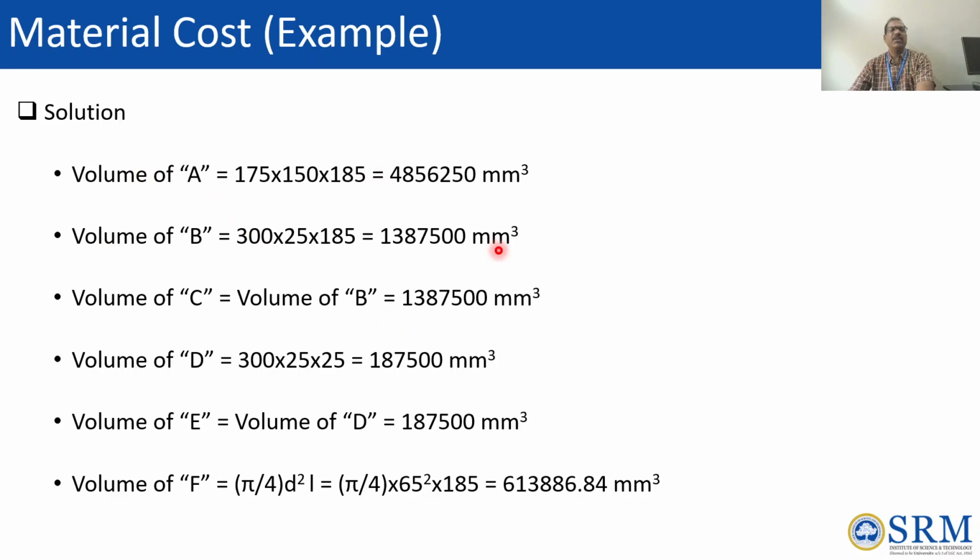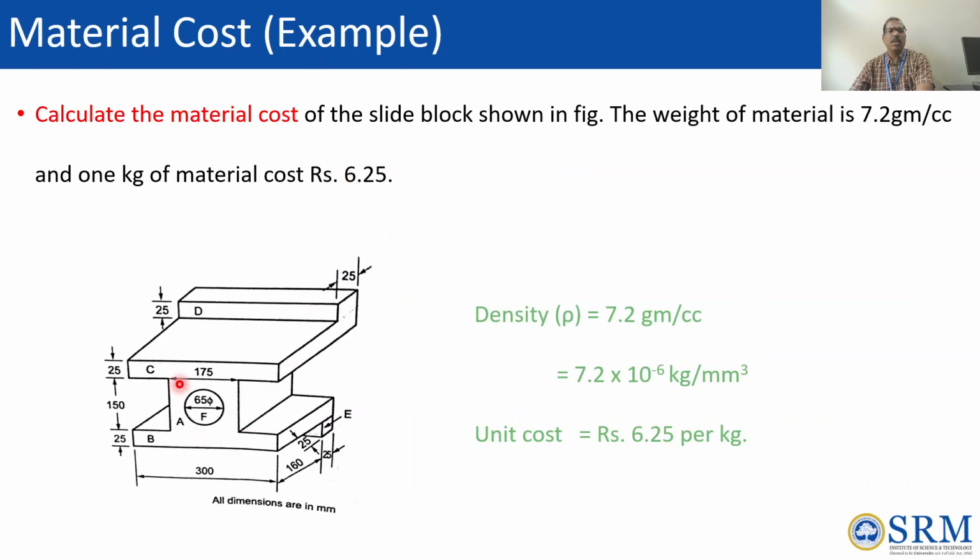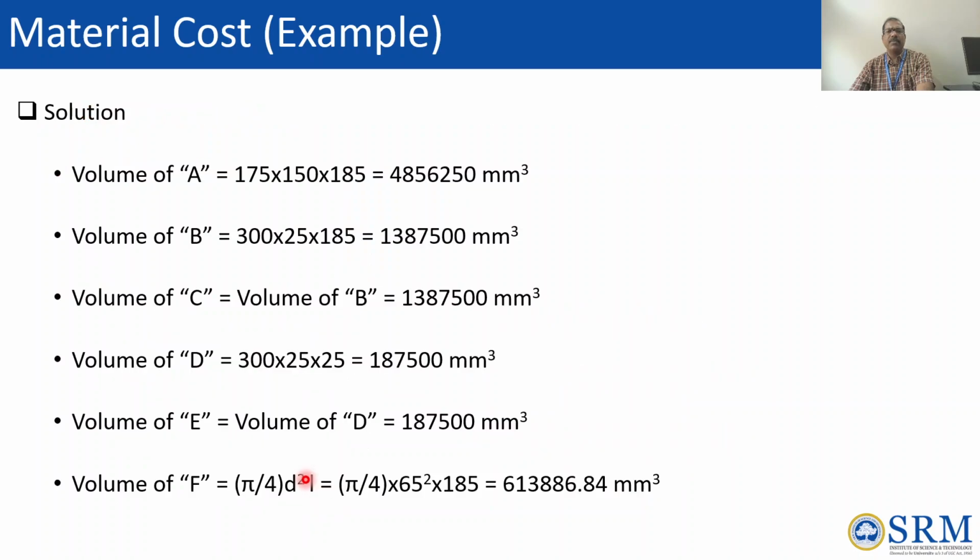So we have volume A, volume B, volume C, volume D, volume E, and volume F. As we said, for volume A the dimensions are 175, 150, and 185, because 160 plus 25 is 185.